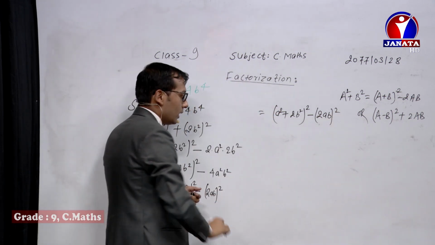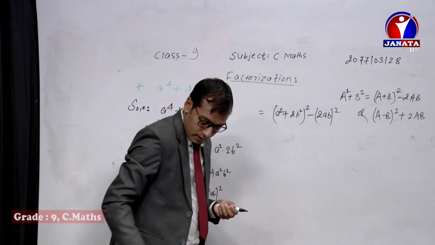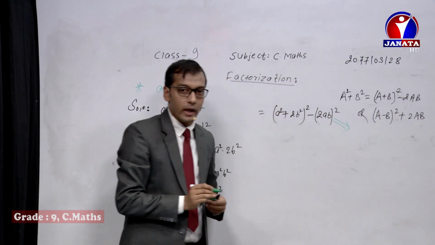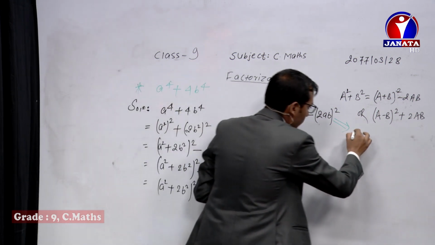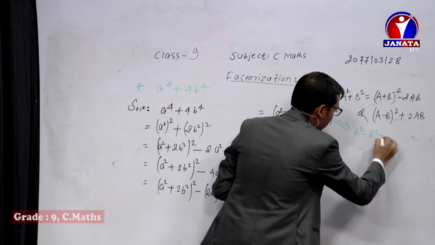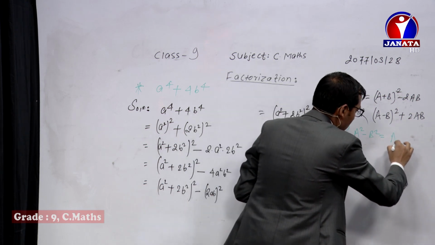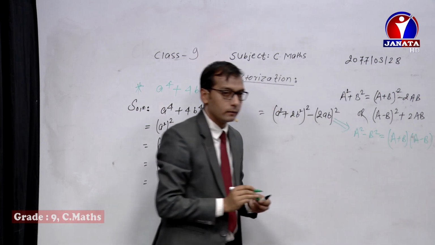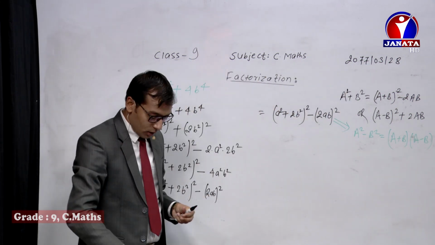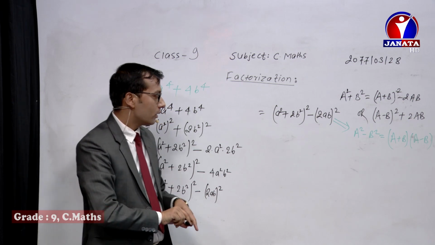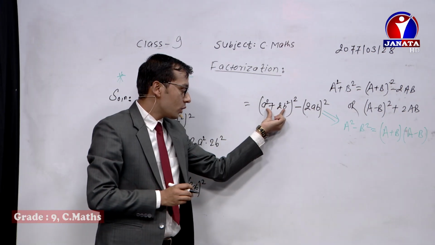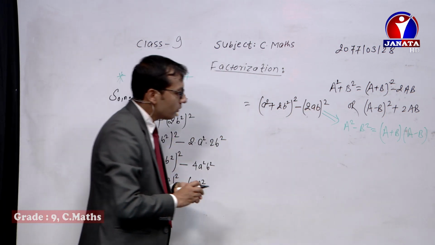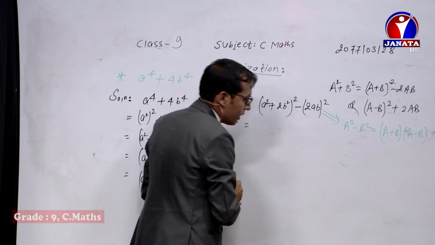This is in a square minus b square form. And what are the factors? (a plus b) times (a minus b). So what is a? Here a is a square plus 2b square, and what is b? 2ab. Let's convert into a square minus b square form.